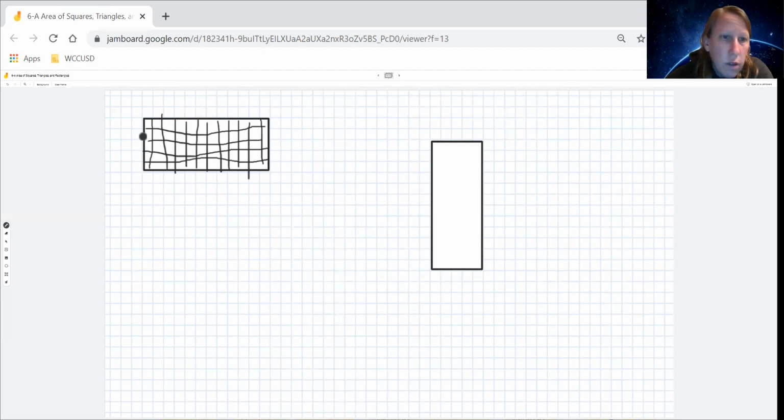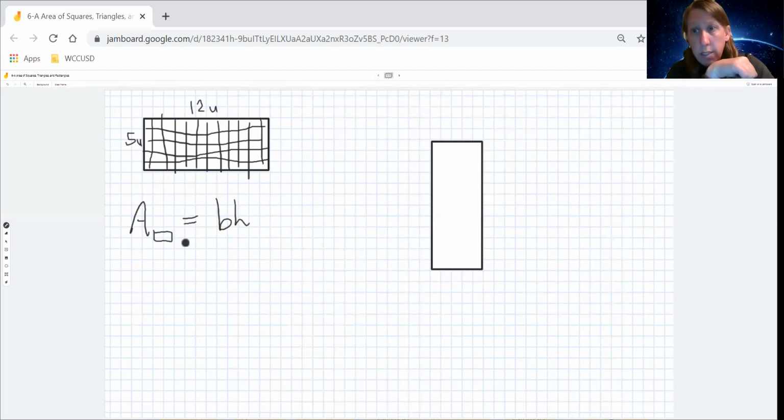This is 1, 2, 3, 4, 5 units. And this is 1, 2, 3, 4, 5, 6, 7, 8, 9, 10, 11, 12, 12 units. And if you had some time, you could count all of these squares and you would find out that the area of this rectangle is base times the height.